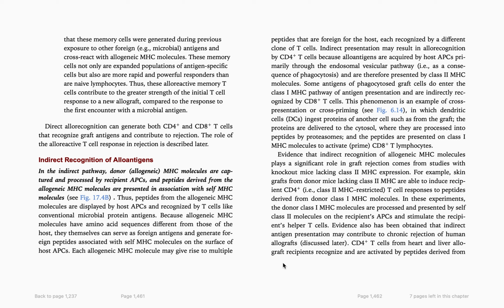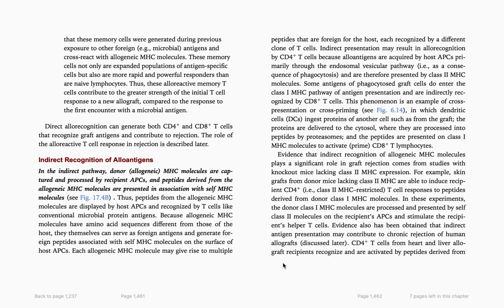Thus, these alloreactive memory T cells contribute to the greater strength of the initial T cell response to a new allograft compared to the response to the first encounter with microbial antigen. Direct recognition can generate both CD4 and CD8 T cells that recognize graft antigen and contribute to rejection. The role of alloreactive T cell response in rejection is described later.